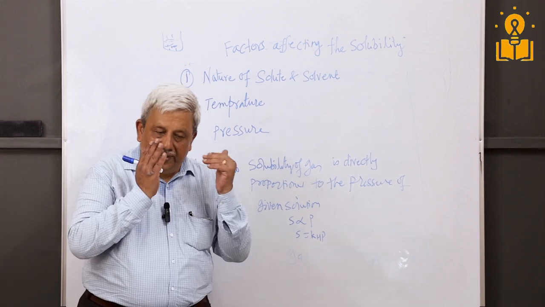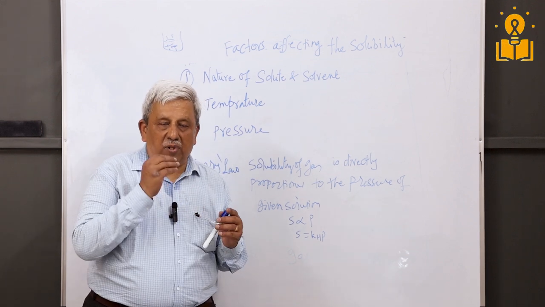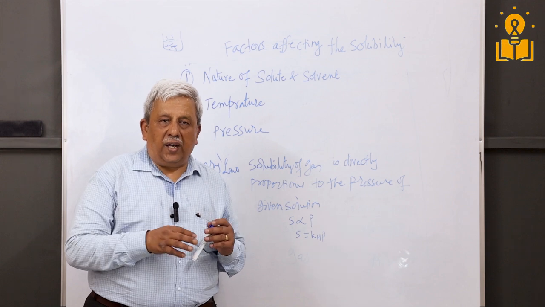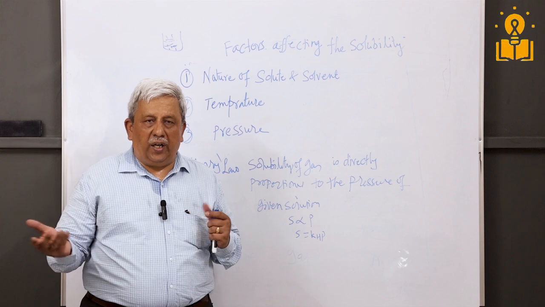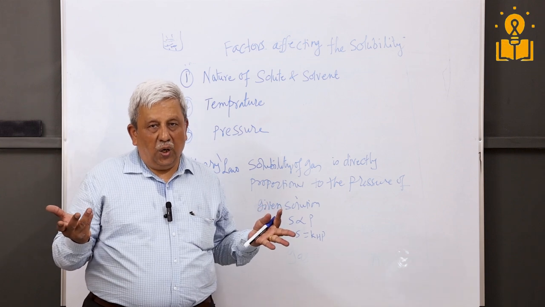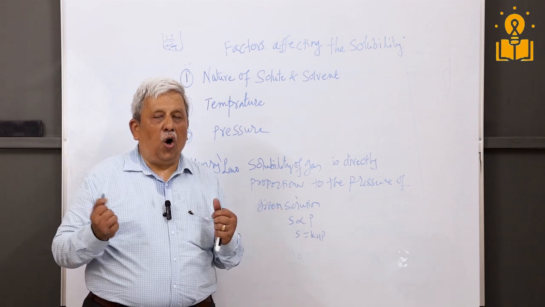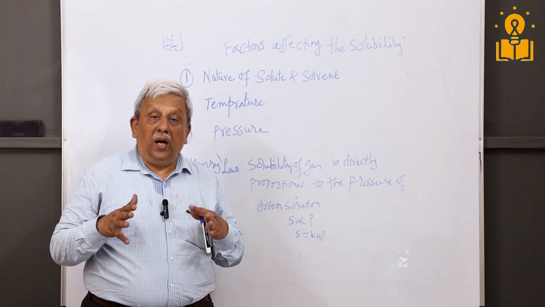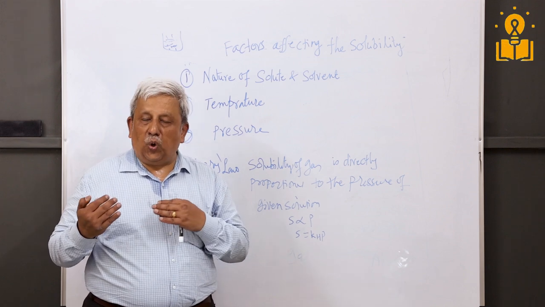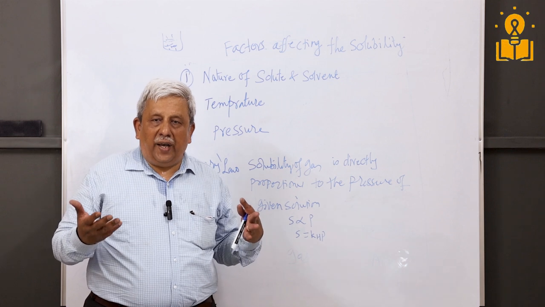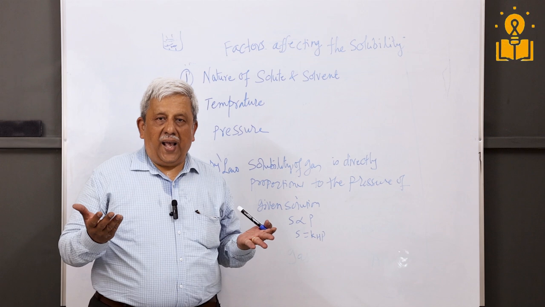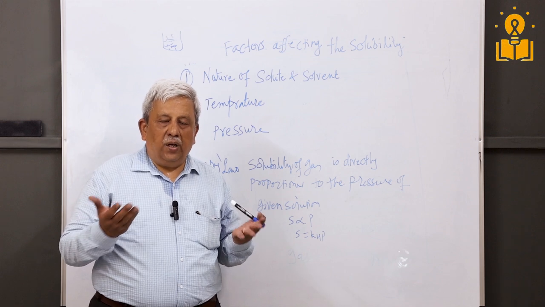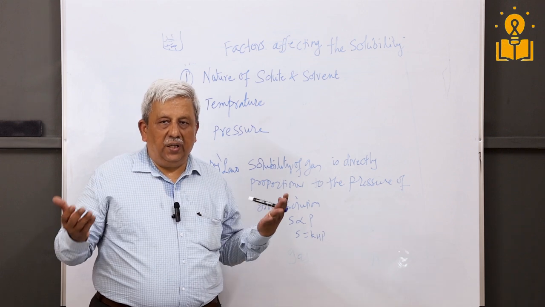But if you take the same inorganic source, simple common salt, in acetone or another organic solvent, it will not dissolve, because acetone is an organic compound and forms covalent bonds. So they are not in ionic form, and in acetone salt cannot be dissolved.